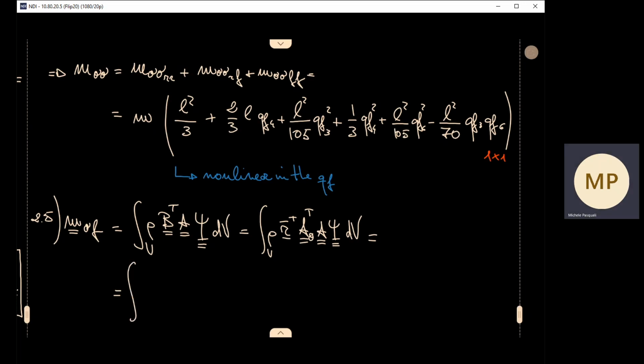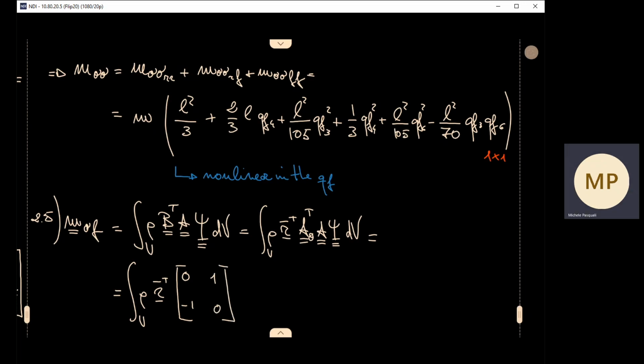And this can be written as the integral over rho, R over bar transposed applied over, I will spare you the calculations, but it's 0, 1, minus 1, and 0.